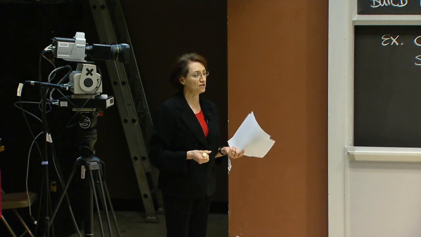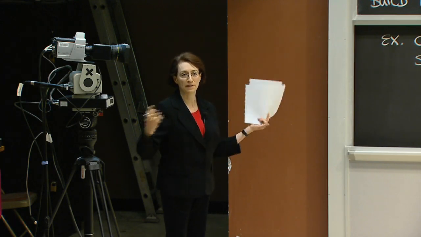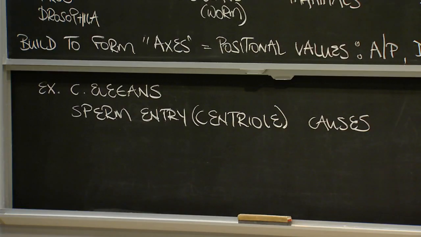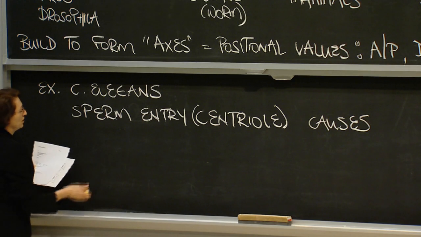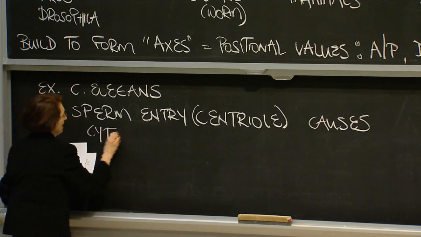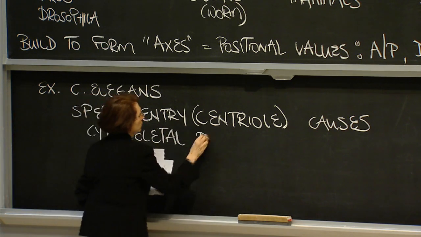The cytoskeleton we mentioned way back in lecture 2. It is this system of actin filaments and microtubules that give the cell shape and allow it, as we'll discuss later on, to move and to help build the animal or the plant. So this sperm entry causes cytoskeletal rearrangement.